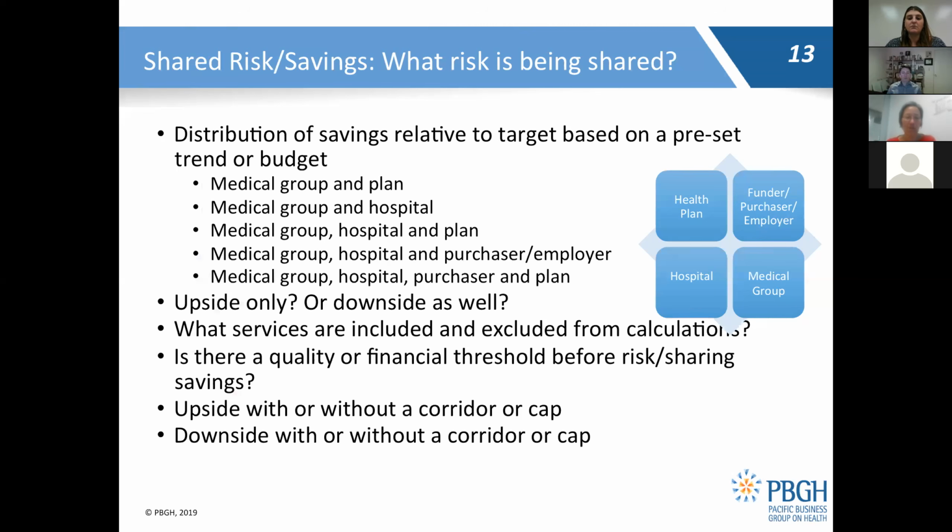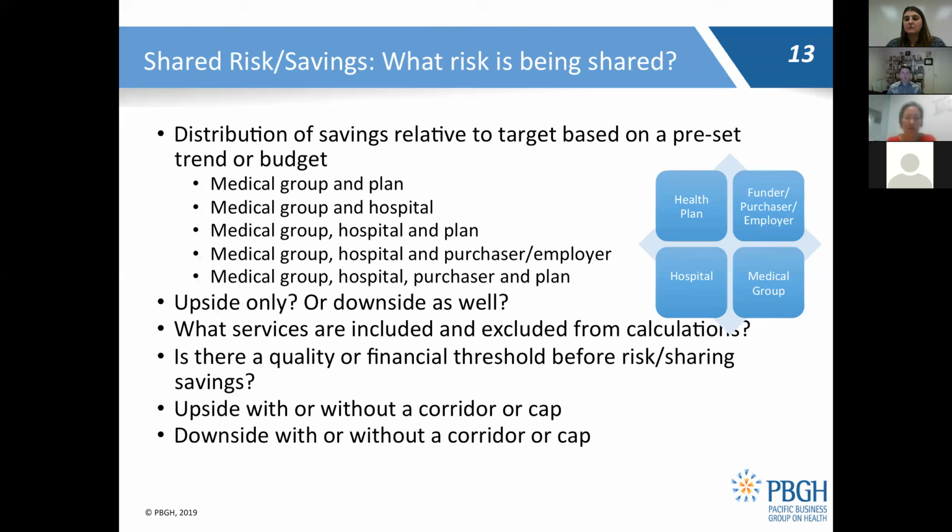But it's important in a fixed budget environment that we have these quality thresholds and incentives, because we don't want any stinting or passing the buck, if you will, on services that would otherwise be provided as part of a coordinated set of services.